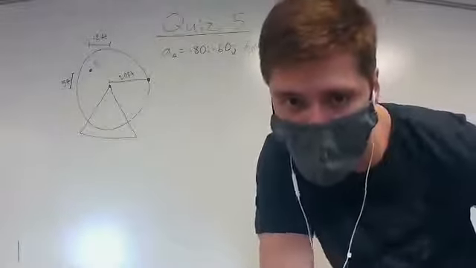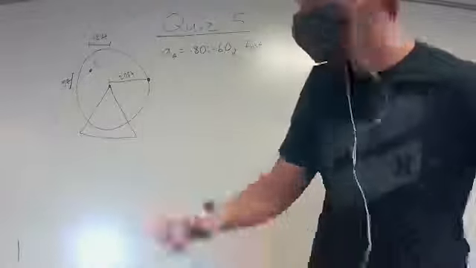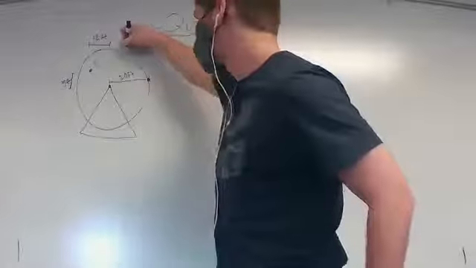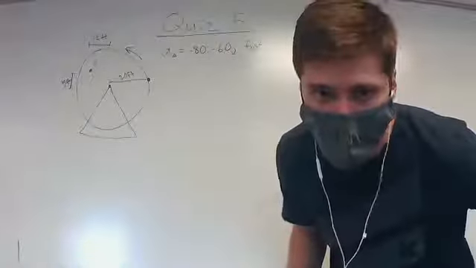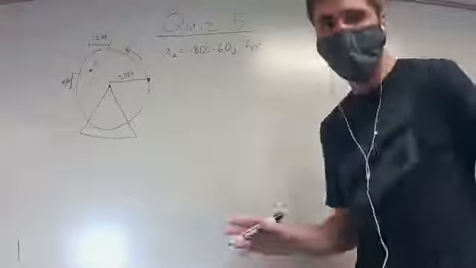And we know that the Ferris wheel is rotating counterclockwise about the center. So I'm just going to indicate that with this arrow. And that's everything we're given.